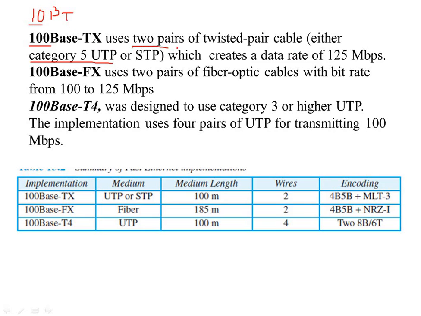This is a 2 pair, that means 2 pairs are utilized like this. This is 1 pair and another pair is there. So these 2 pairs are utilized for communication. Another cable utilized is 100 base FX. Now FX means 2 pairs of fiber optics are utilized.